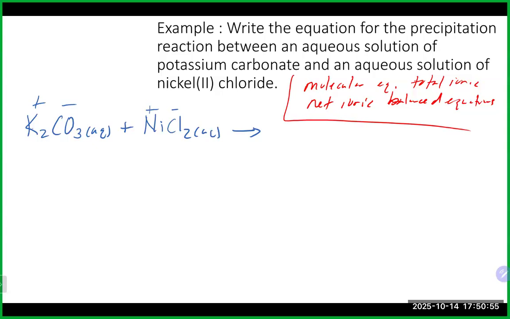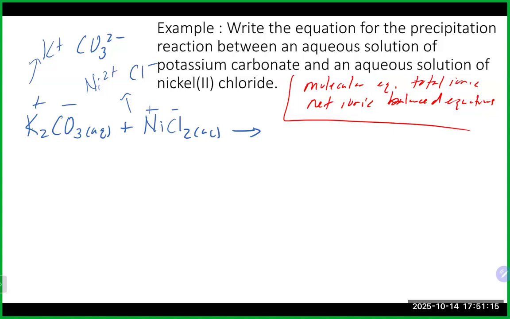Get the formulas down first before we put what's on the product side. So again, the basic unit here is K+ and CO3 2-, and the basic unit for our second compound is nickel with a +2 charge and Cl-. Those are the basic ions that are going to switch partners.